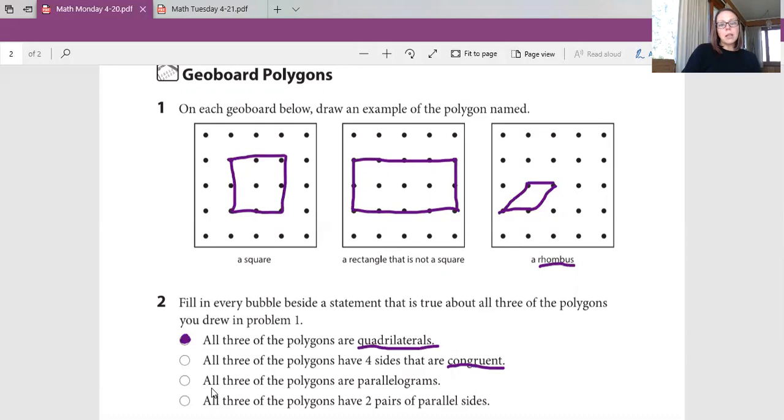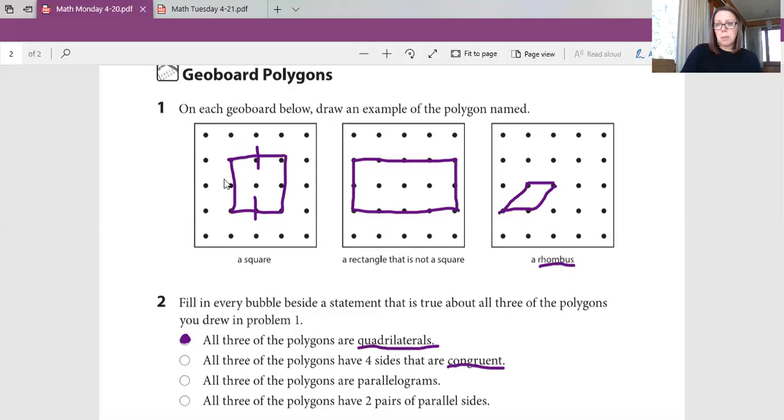All 3 of the polygons are parallelograms. We need to remember a parallelogram has 2 sets of parallel sides. So let's go up and check our 3 polygons. In the square, this side and this side are parallel because if they kept going, they would never touch.